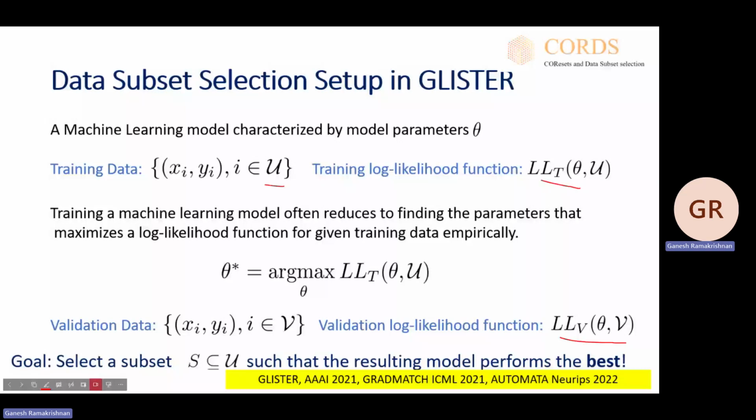An interesting result in many of these papers is that you get a convergence result in terms of dot products of gradients. You can see a dot product here: the dot product of the gradient on the training data with the gradient on the validation data. This is what gave rise to a whole bunch of other papers, where we said, why not do gradient matching directly?